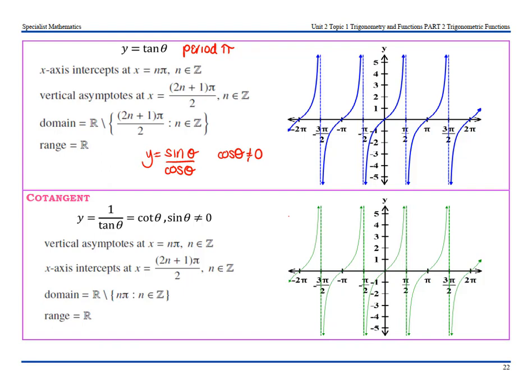So when I'm drawing my cotangent, or my y equals 1 over tan theta or cot theta, we have to remember that in this case, sine theta can't equal 0 because cot theta is cos theta over sine theta.